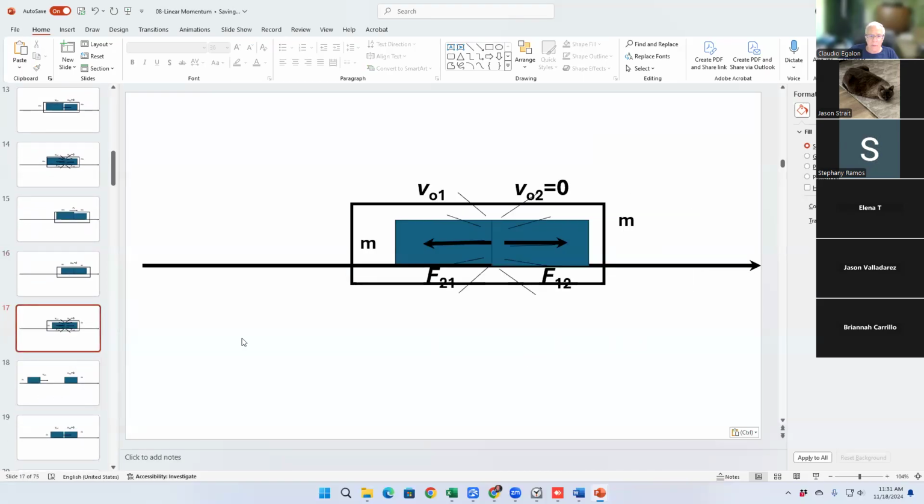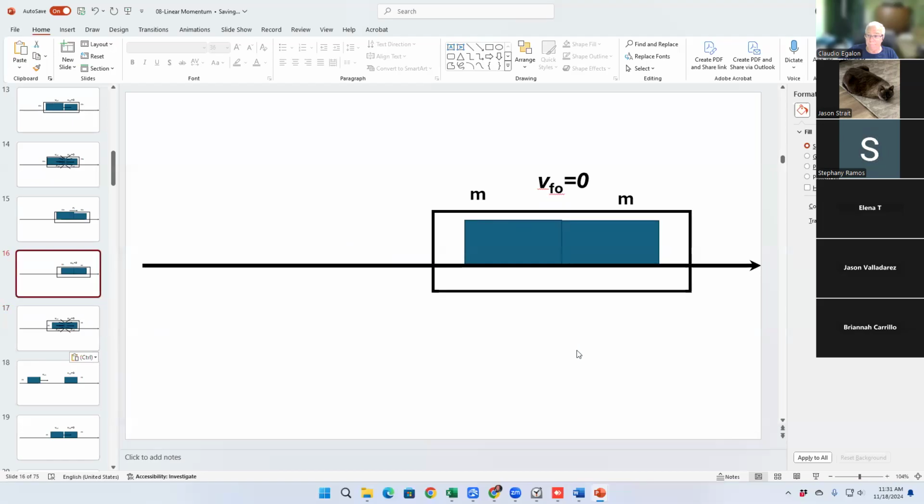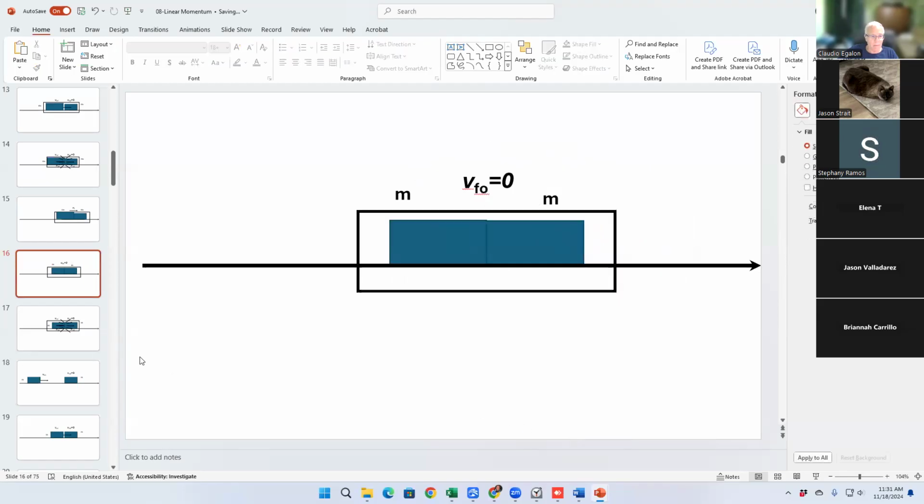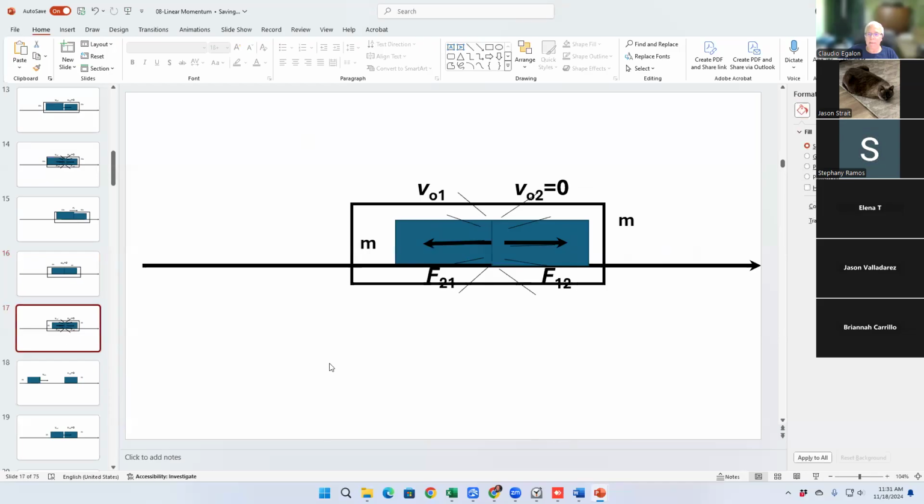That can be gunpowder exploding. This type of collision is like an explosion. It's a collision in reverse.